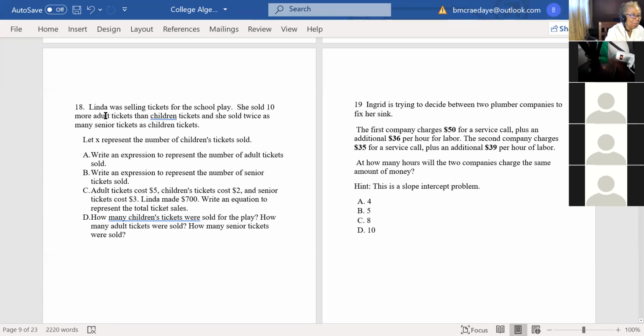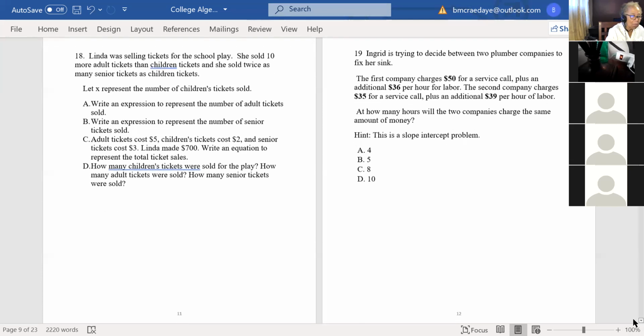Linda was selling tickets to a school play. She sold 10 more adult tickets than children's tickets. She sold twice as many senior tickets as children's tickets. Let X represent the number of children's tickets sold.